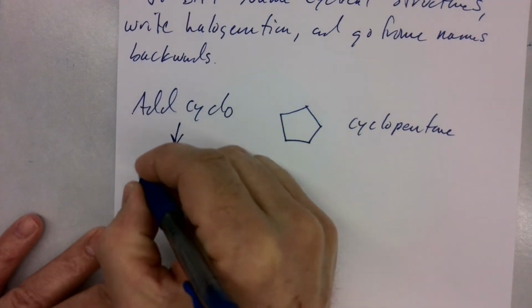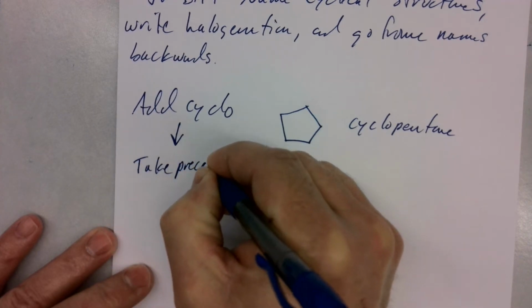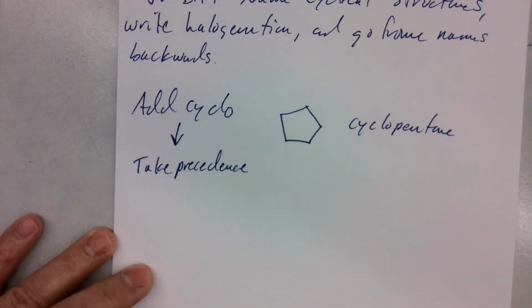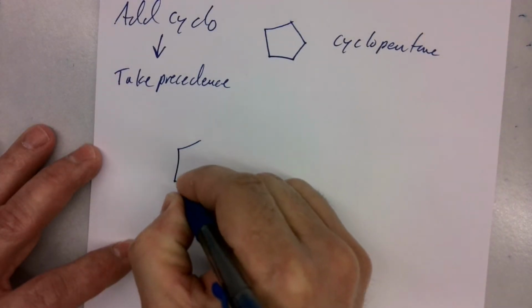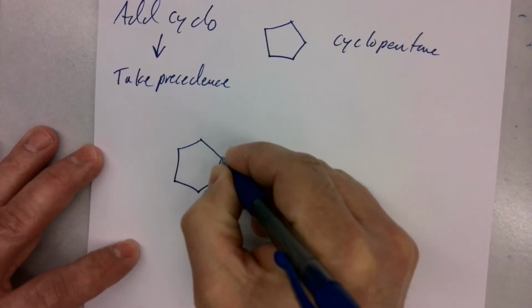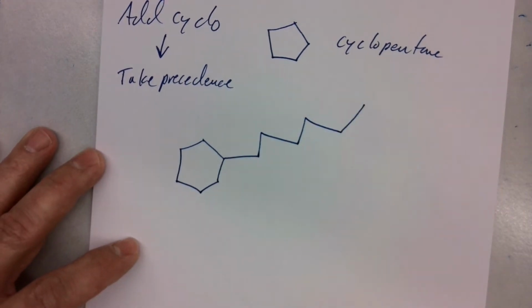Now, cyclos do what they refer to as take precedence. Okay, does anybody know what that means? To take precedence? No? It means I name it that no matter what it is. So if I have this, let's say I had that.